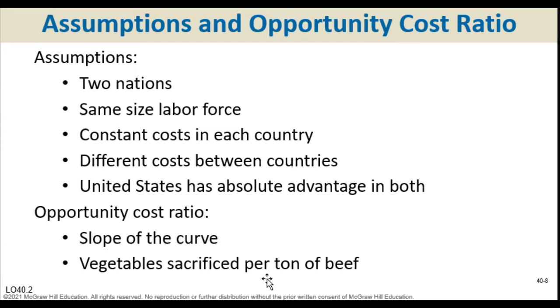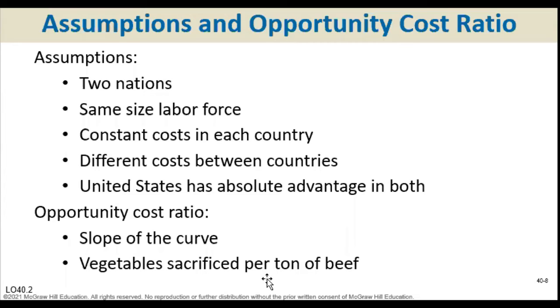Absolute advantage exists when one nation is the most efficient producer of a good or service, meaning that the nation can produce the good at the lowest possible cost, lowest possible price. But under comparative advantage, the country can produce the good at a lower opportunity cost.